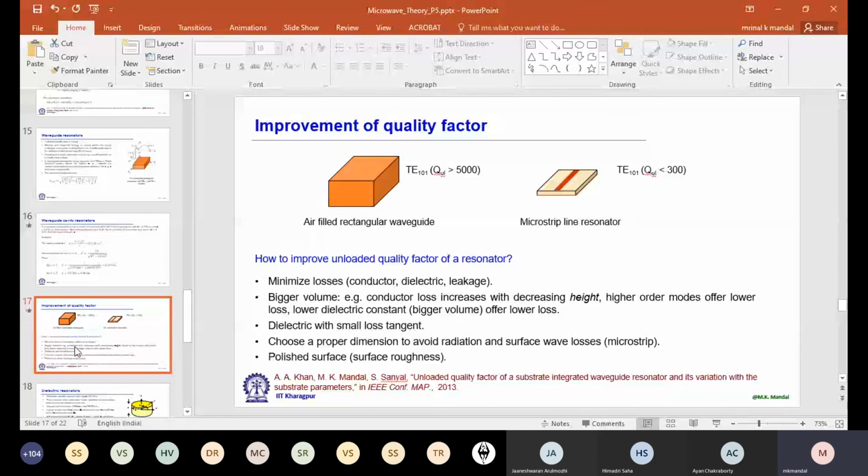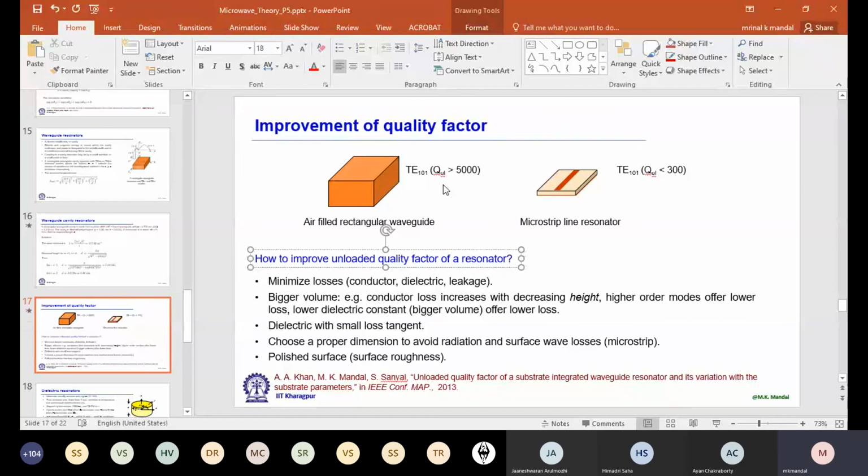But for microstrip line, what we have seen, it is less than 300, even at 1 gigahertz. If I increase the frequency, it will be less. At 30 gigahertz, it can be just 50, 60 like that. In fact, for rectangular waveguide, if I use some points which I'm going to discuss, then it can be made more than 50,000, which is not possible in other technology, unless you are using superconductor.